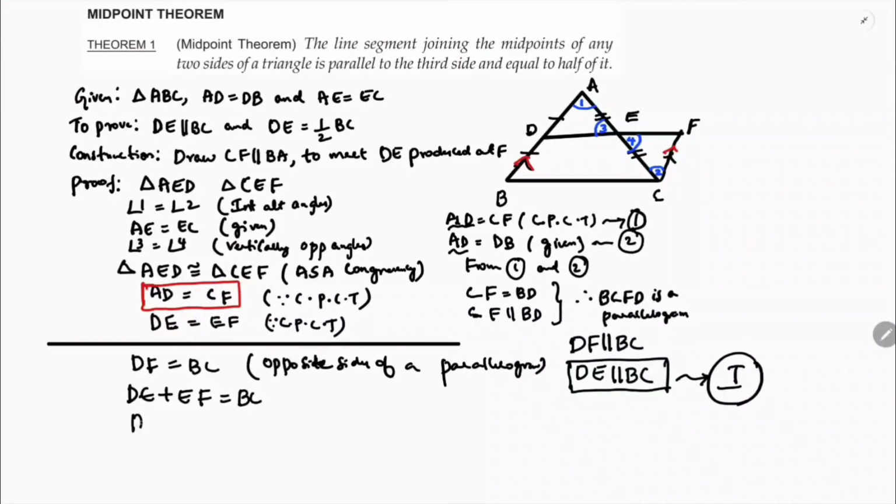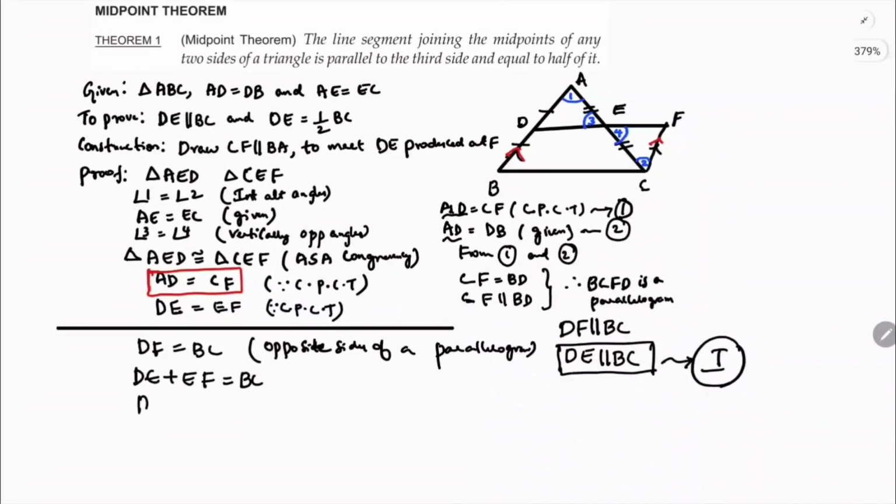So you can write DE plus DE, because EF equals DE. We wrote that already because of CPCT.